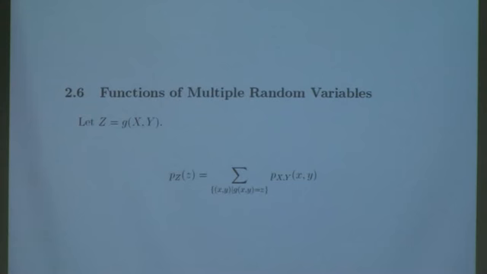We can find the PMF of this new random variable simply by summing the joint PMF of the original random variables over the region where the ordered pairs map under function g to the value z. That would give us the PMF of z at the value small z.